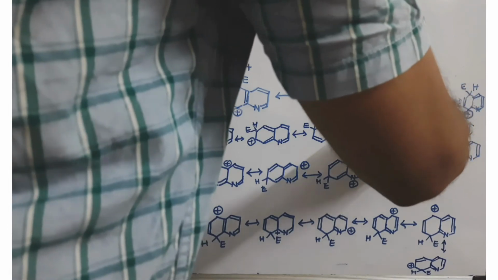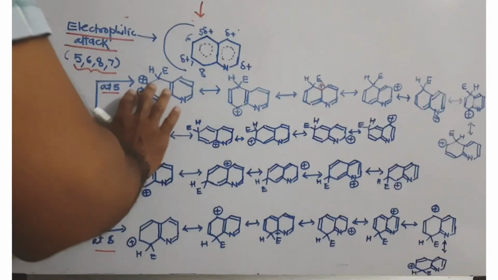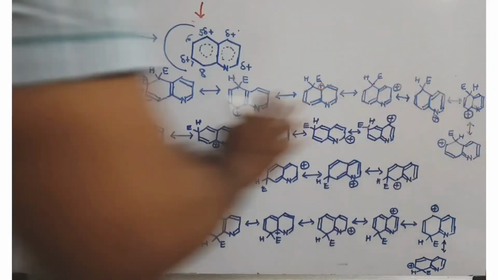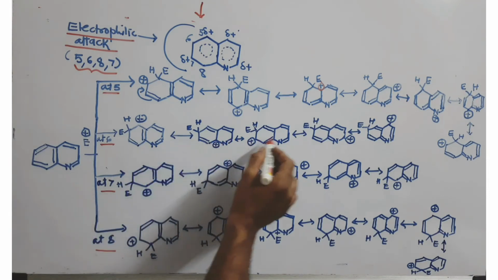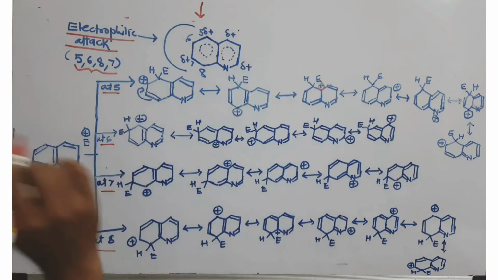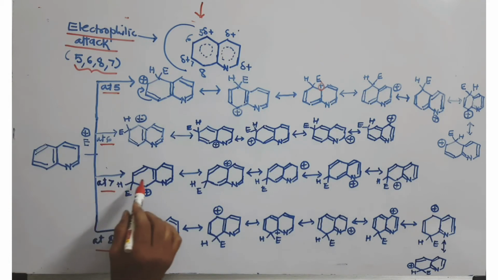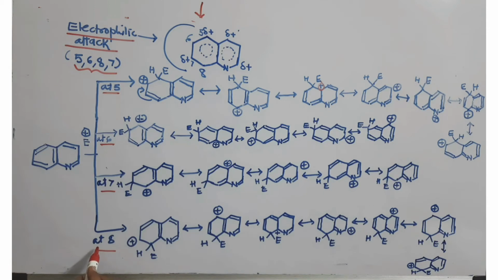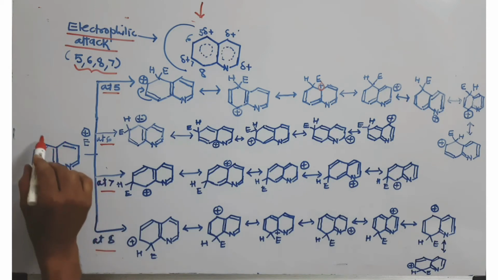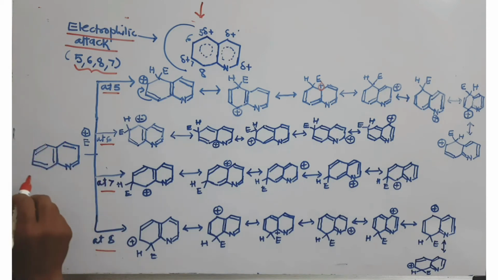If I continue this pattern, I can draw 7 different resonating structures for attack at number 5. If I consider attack number 6, I can draw 5 resonating structures. For attack number 7, also 5 resonating structures. And if I consider attack at carbon number 8, I can again draw 7 resonating structures.